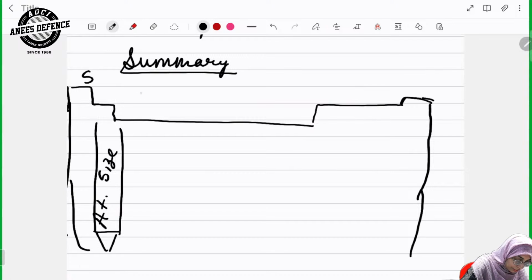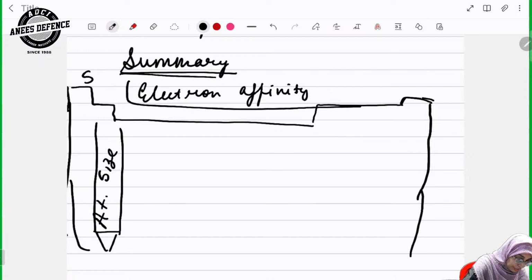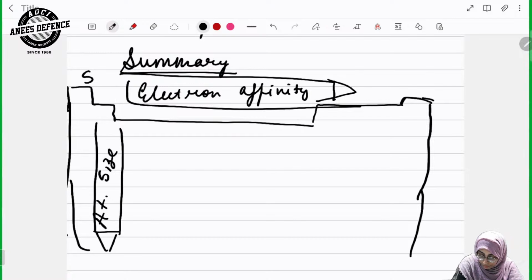Electron affinity increases going from left to right. And going from top to bottom, what happens?